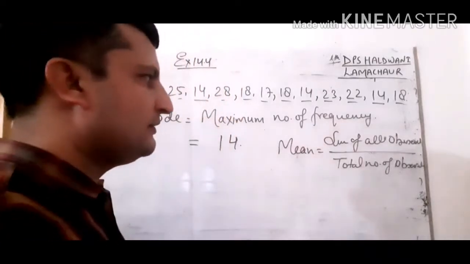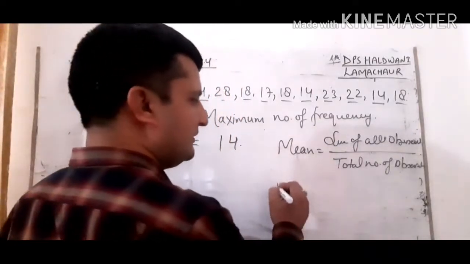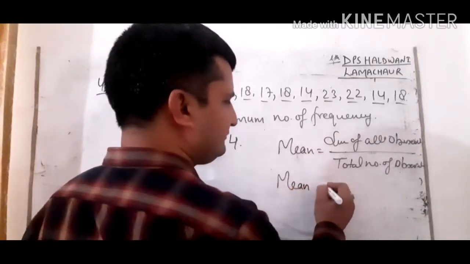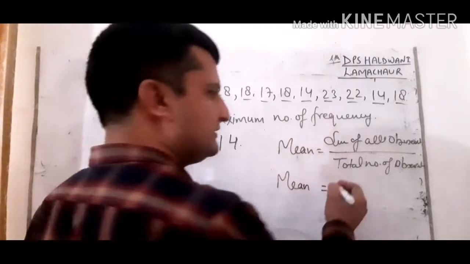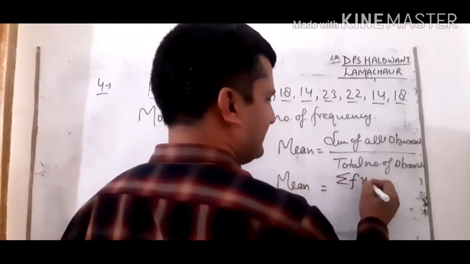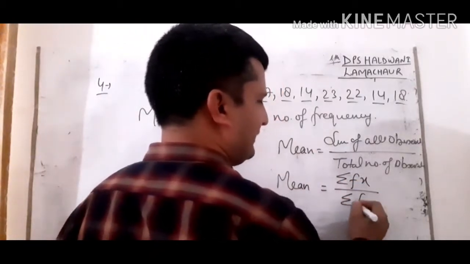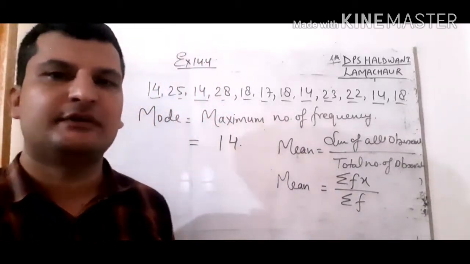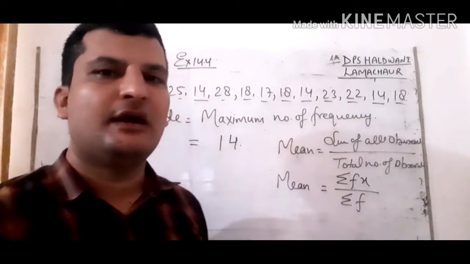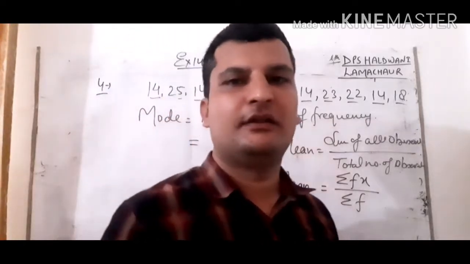We can find the mean of the data with the help of this formula. Mean is equal to, students, now the formula is different: sigma of fx upon sigma of f. What is the meaning of sigma here? Sigma means summation. Summation means we have to add all the fx and we have to add all the f.